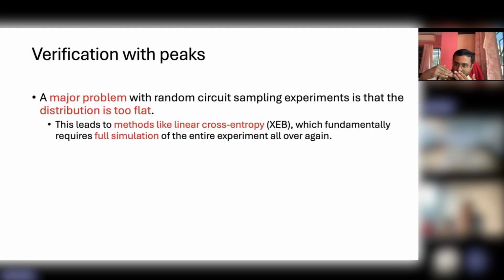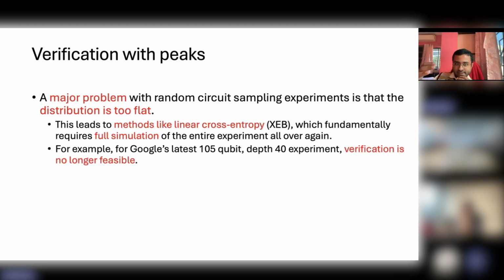And so this flatness is very crucial to proving hardness properties. But this flatness is also why methods like linear cross entropy, the methods that we use to verify these experiments, fundamentally require full simulation of the entire experiment all over again. Why?